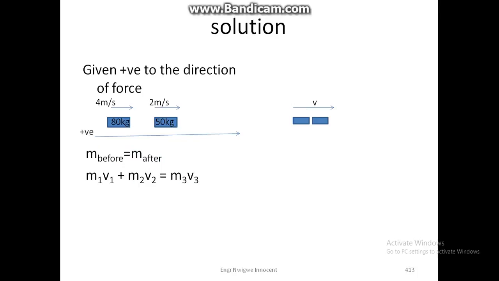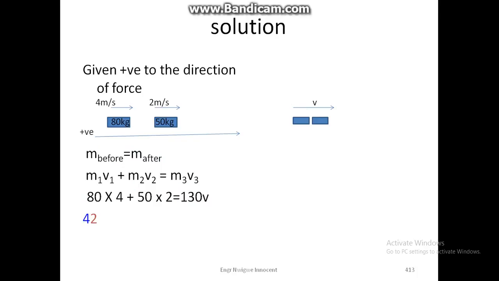We have 80, which is the mass of the first lorry, times the speed, which is 4, plus 50 times 2, the velocity of the second, is equal to 130, which is the sum of the two masses, times v, which is the velocity at which they combine.